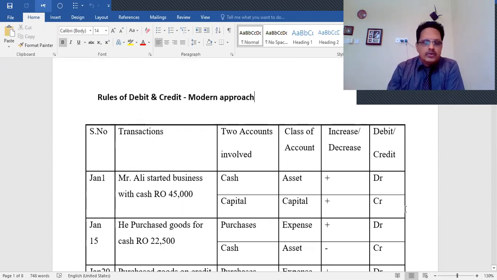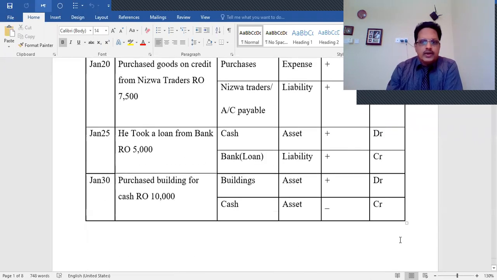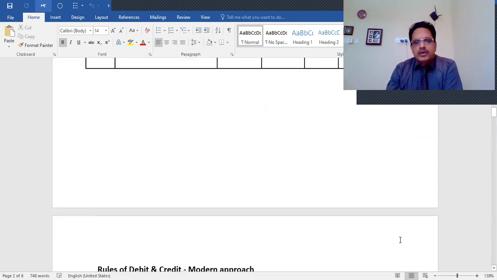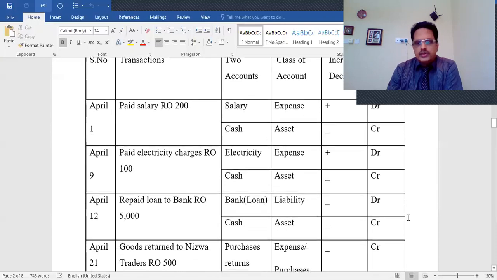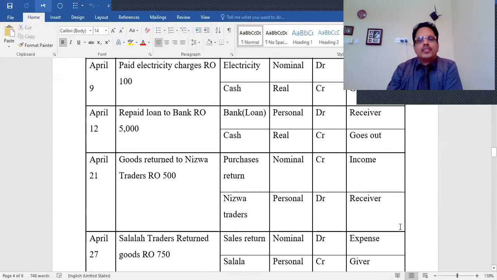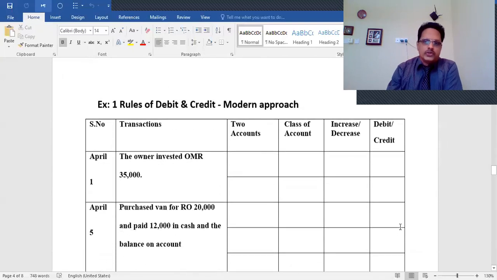So yesterday we have done some journal debit and credit. Both the methods we applied, the traditional and modern approach, you understood. From today onwards, we'll stick to the modern approach.